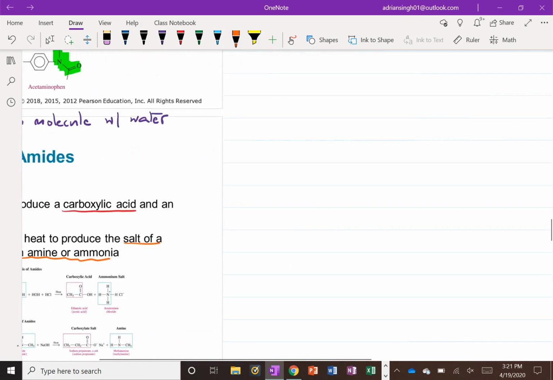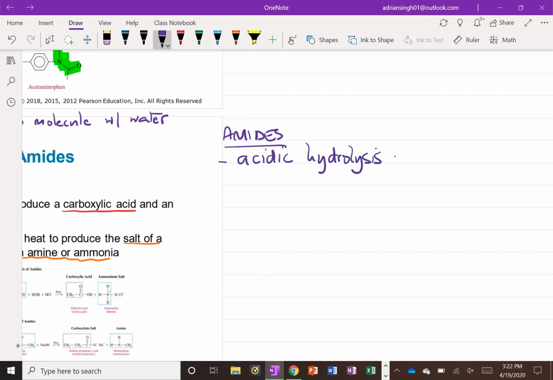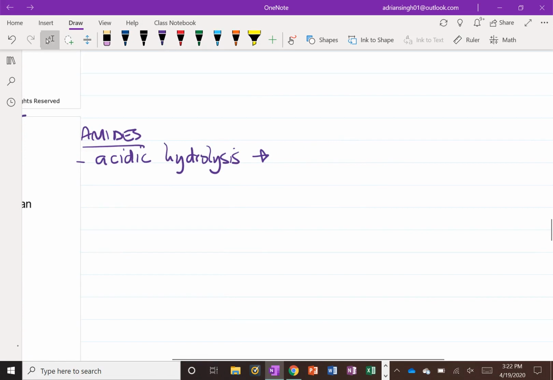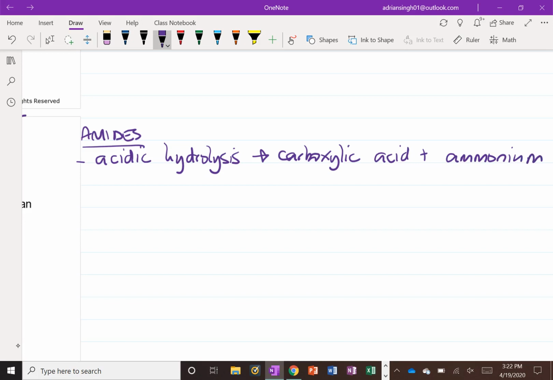All right, so let's just recap that here. Let's rewrite that because it's important to know what the difference is. So amides, under acidic hydrolysis, we end up making the original carboxylic acid, and the ammonium salt.